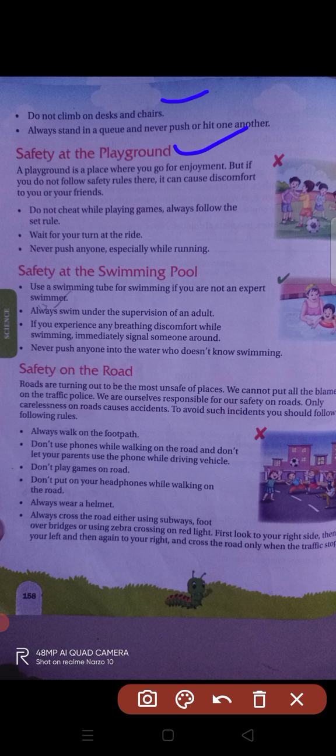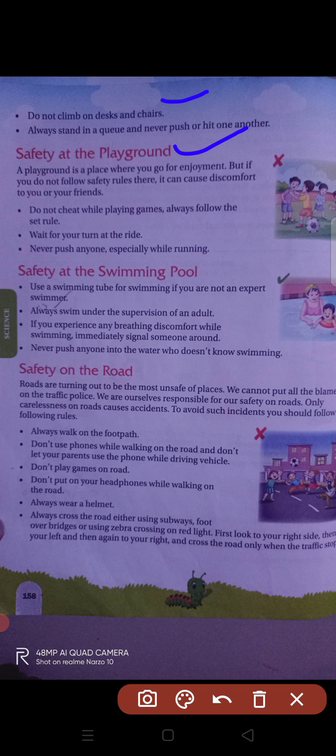So instead of enjoying, if we push anyone or do not play properly, or if we run over others, that causes injuries. So never do that.